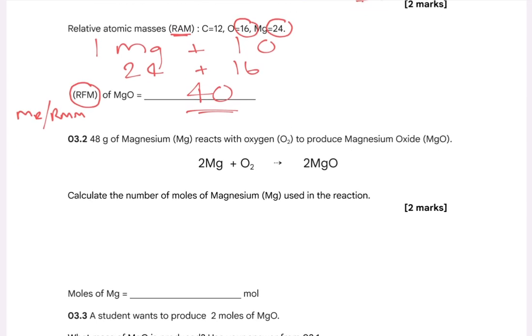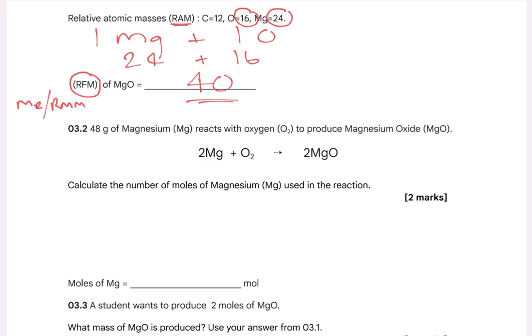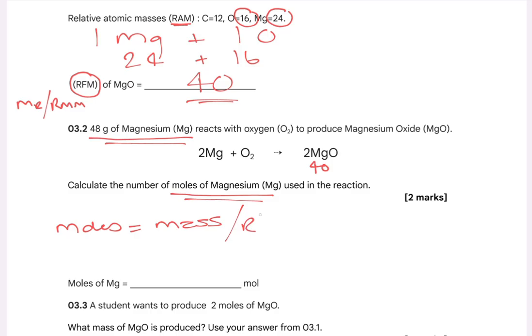And so now we've got that RFM of 40 for the magnesium oxide that we've just calculated there. We're also told in the next question that we have 48 grams of magnesium, and the question is asking us to convert that 48 grams into a number of moles. And so the equation we need here is moles equals the mass we have of the substance we're looking at divided by its RFM.